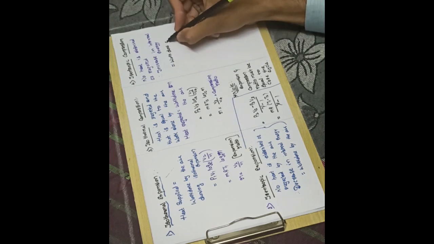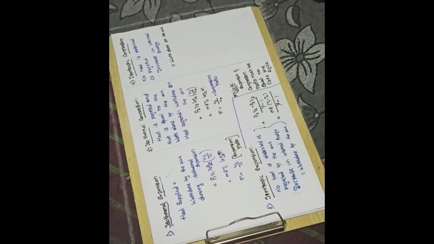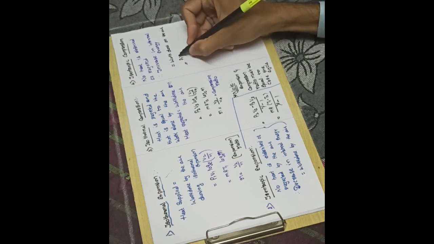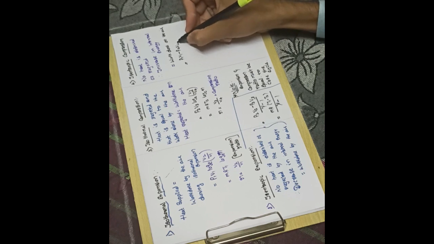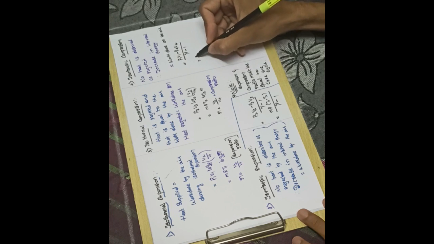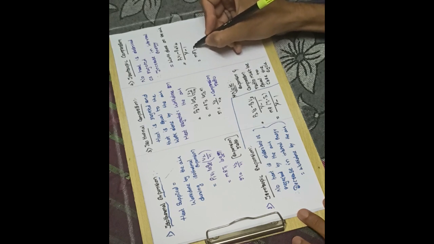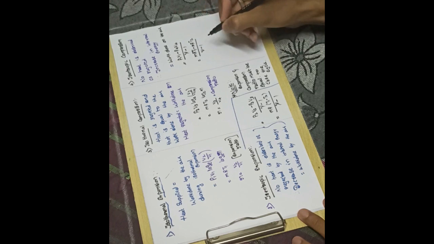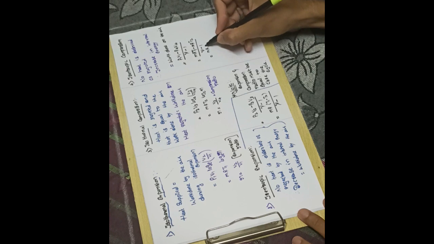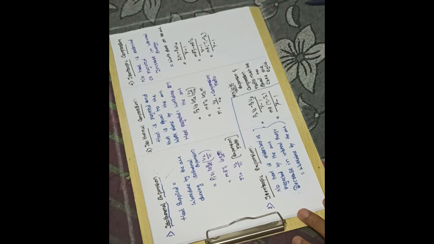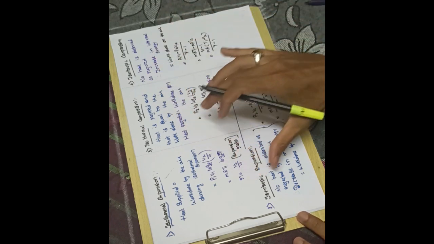So the work done on the air is P1 V1 minus P4 V4 divided by gamma minus 1, that is equal to mRT1 minus mRT2 divided by gamma minus 1, that is mR of T1 minus T2 by gamma minus 1. These are the four processes of the cycle.